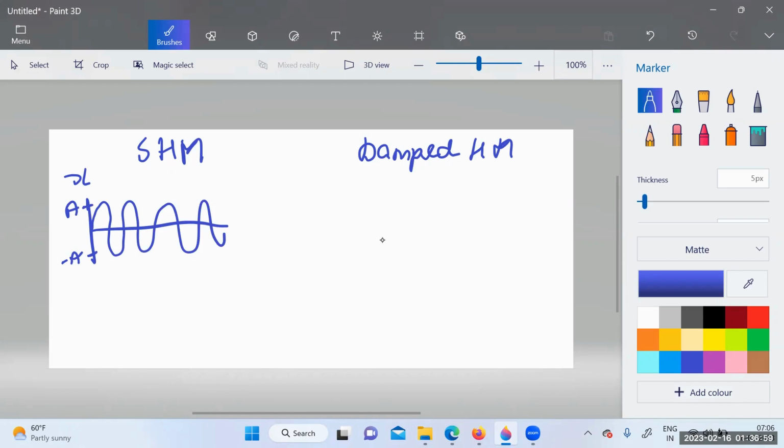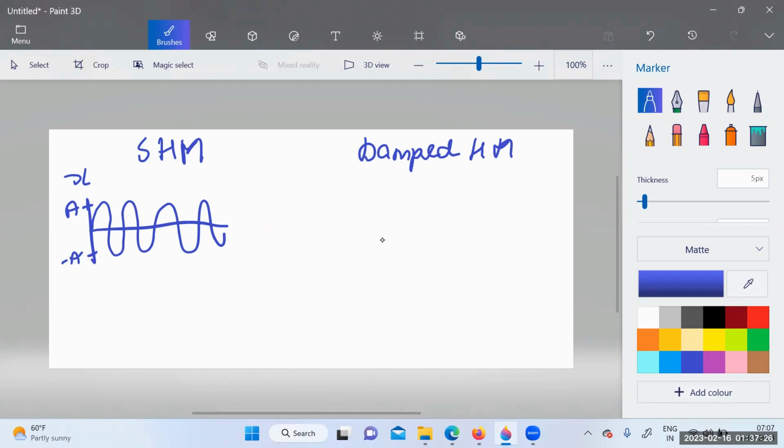But take the example of damped harmonic motion. In damped harmonic motion, the system will be under the influence of an external force like frictional or air resistance. Due to that, the amplitude will keep on decreasing and at some point of time it reaches zero.